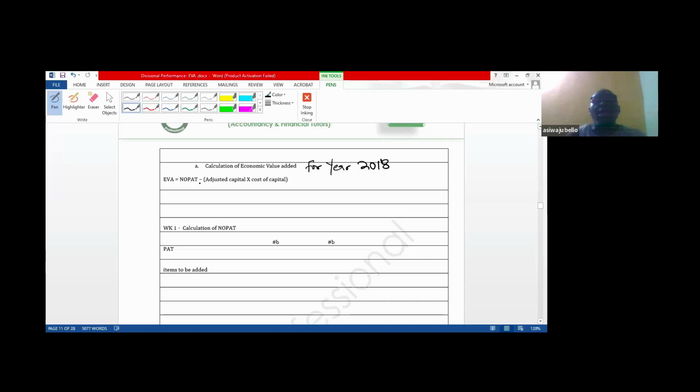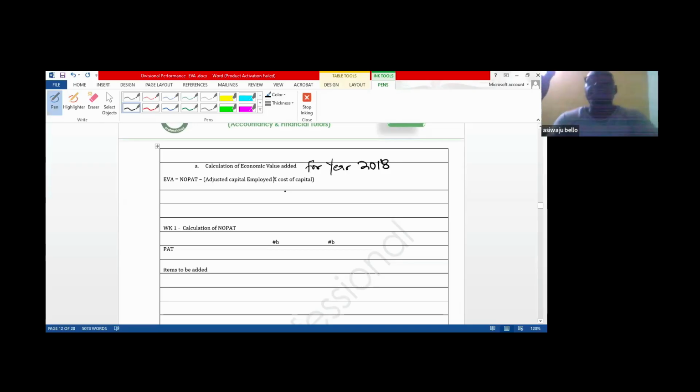NOPAT minus, open a bracket, adjusted capital employed multiplied by the cost of capital.